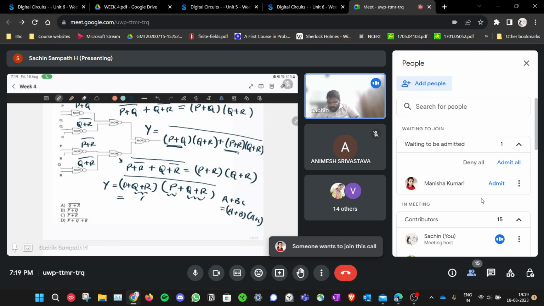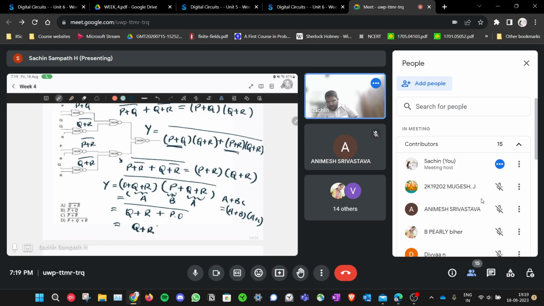You can write it as your A, and this is B and this is C. So you have A plus B into A plus C. So the answer is A plus BC. Q plus R is A plus BC is P dot 0 whole complement. It is Q plus R complement. So it's option A.